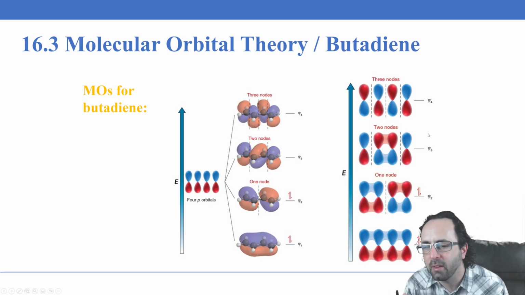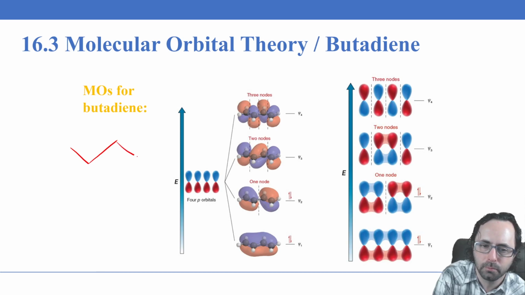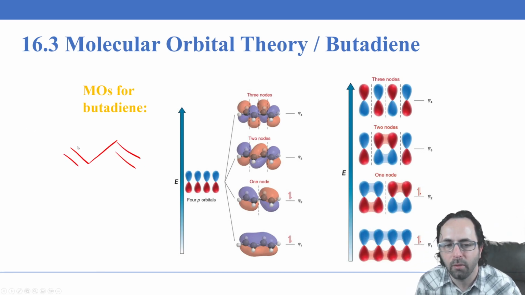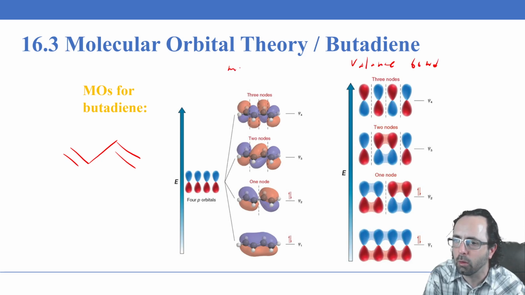But what happens now when you have a molecule like 1,3-butadiene, like this? Now we have all these carbons being sp2 hybridized. They all have an unhybridized p orbital, and so what you have on the left is the valence bond picture, and this here is the molecular orbitals, MOs.